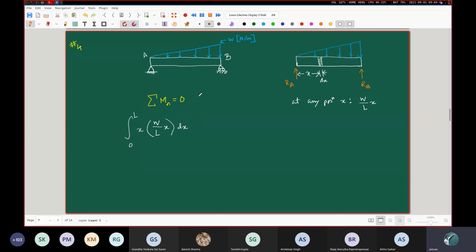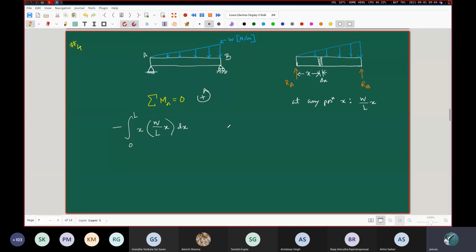If I consider anti-clockwise to be positive, then is this minus or plus? Negative, yes.